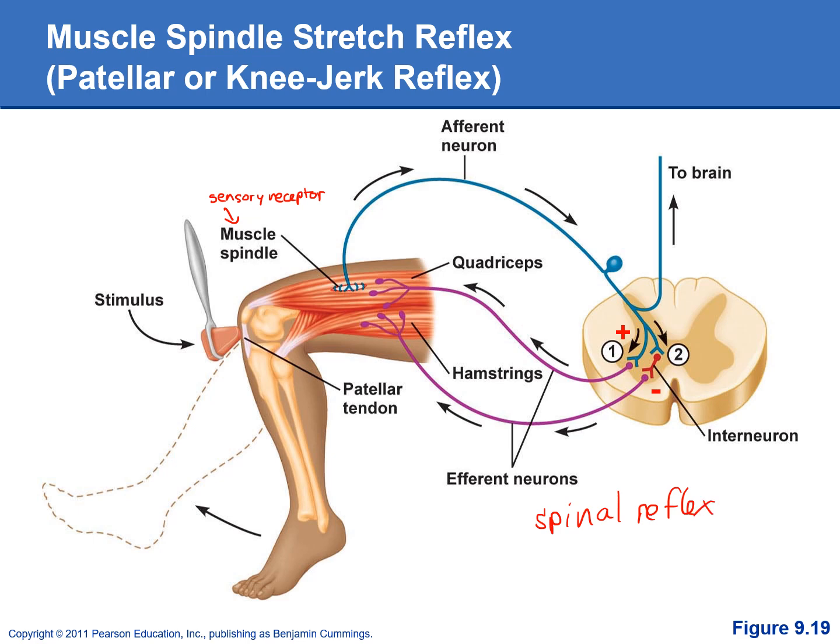And then next, do we have a somatic or autonomic reflex? So this is a somatic reflex. And we know it's a somatic reflex because we're innervating the skeletal muscle. So that's what defines a somatic reflex.